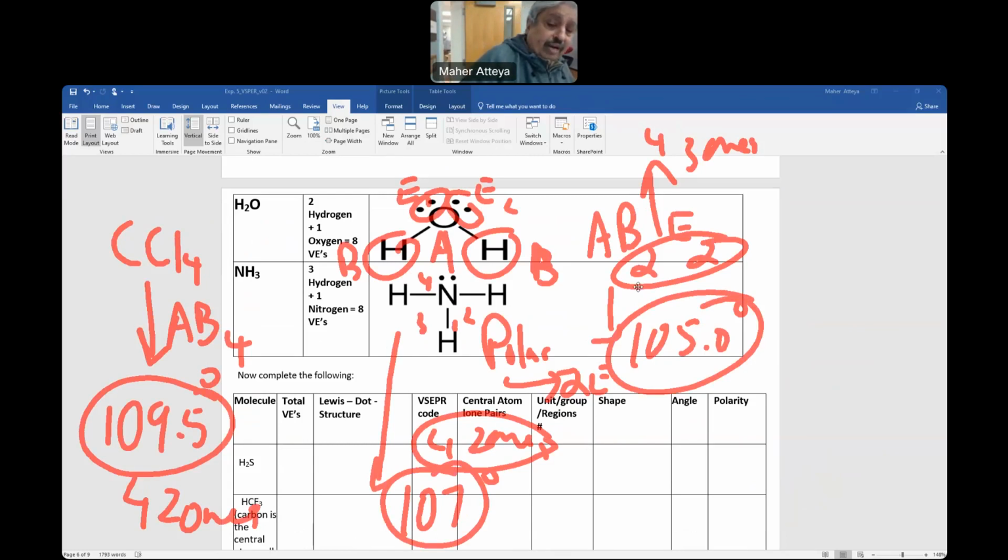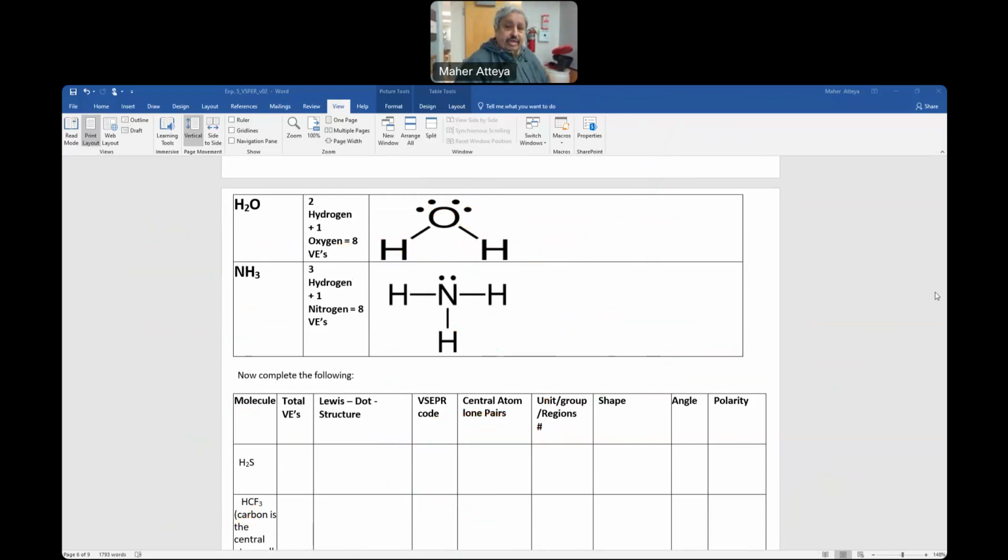So now let's look at ammonia here. I have four zones, correct? One, two, three, four. One lone pair set we treat equally as one zone, or a region.